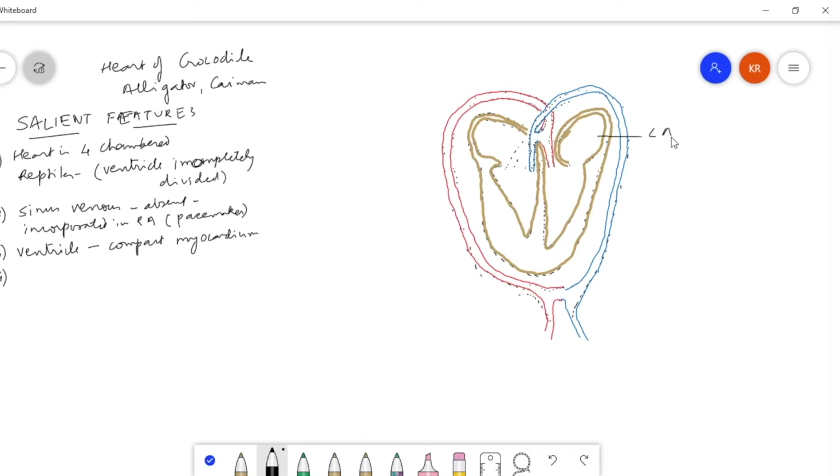This is the left auricle. This is the left ventricle. The right auricle, right ventricle, myocardium.